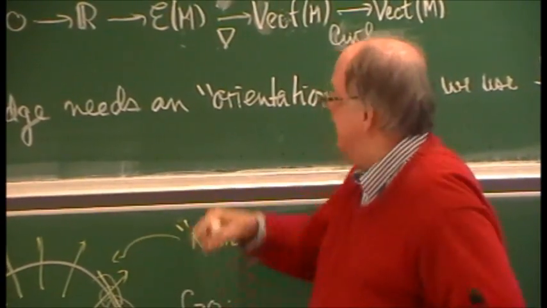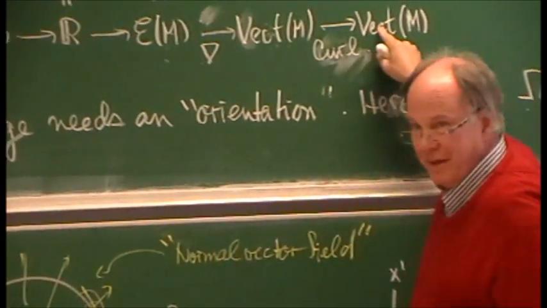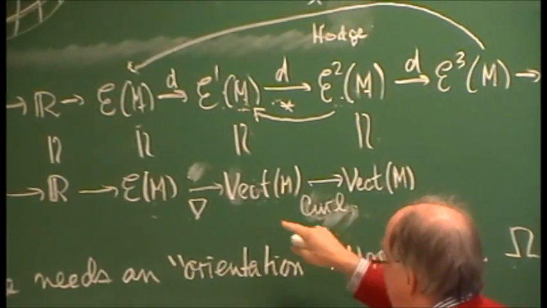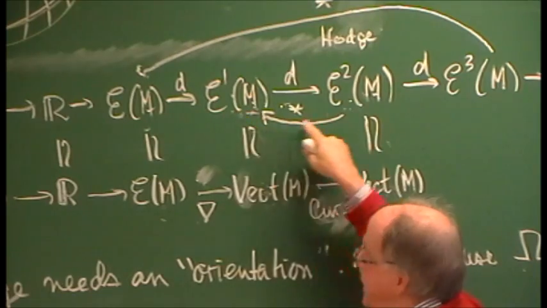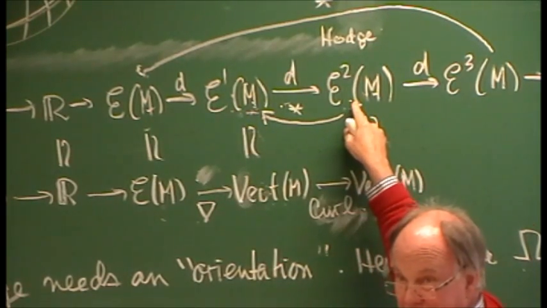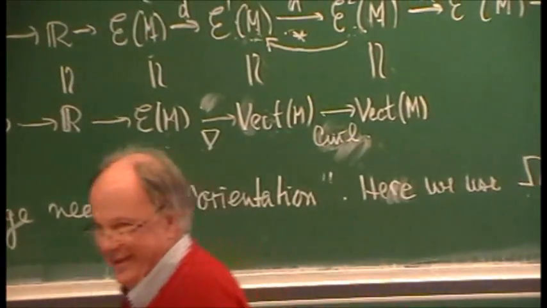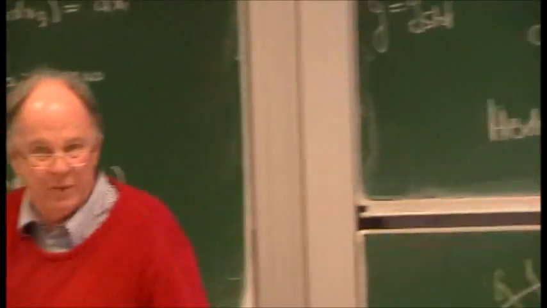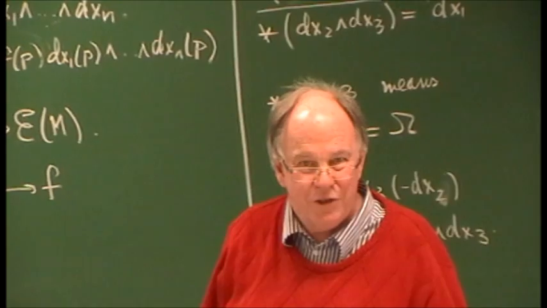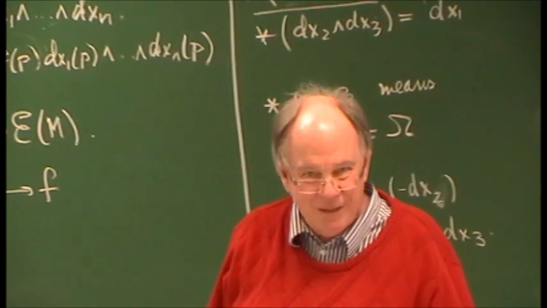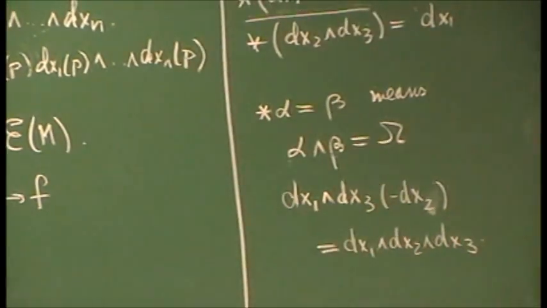Right? This is a slightly non-trivial one. How do I get an isomorphism here? Well, I go to the one form and I take star back. If you want me to write it down and have fun with it, I'll do it. But then what's the meaning of curl? It could be identical. I haven't said what the meaning of curl is yet. I've said what this isomorphism is here.